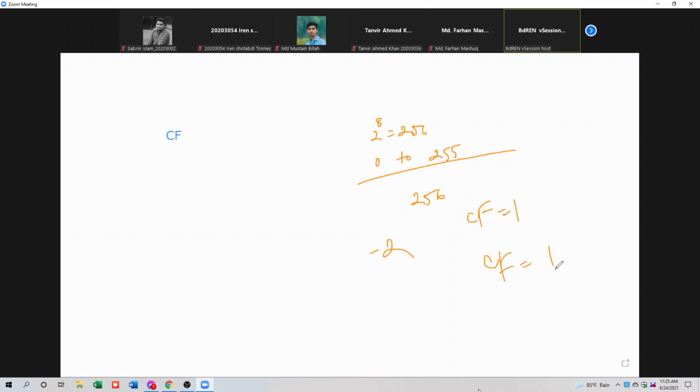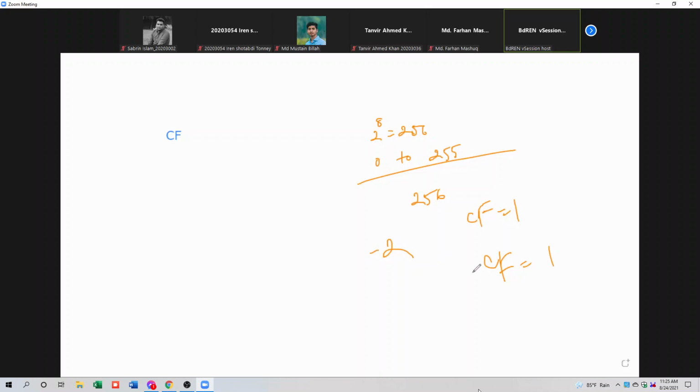What is the definition of the carry flag register? The carry flag records the fact that the result of an arithmetic operation on unsigned numbers is out of range, that is, too big or too small to fit inside the destination register. So after the operation, if we get a number which is greater than the range, we can't store the result inside that register, and the carry flag's value will be 1.